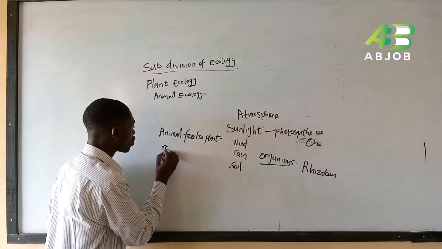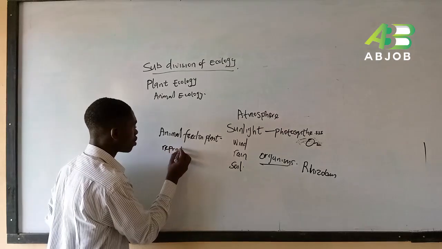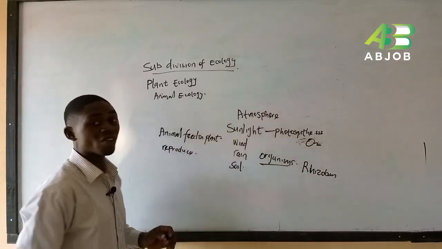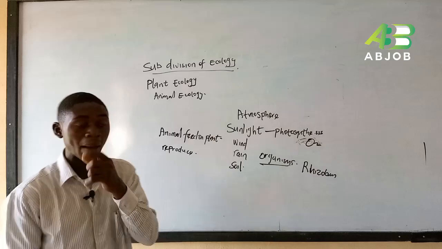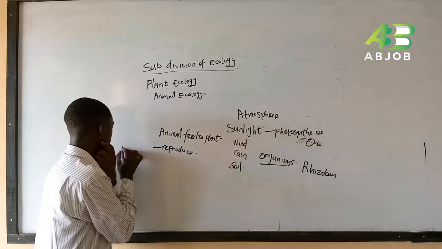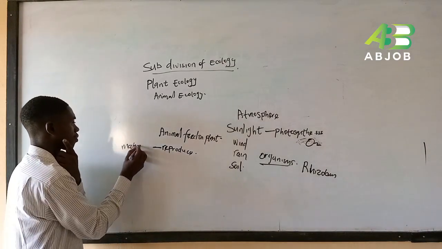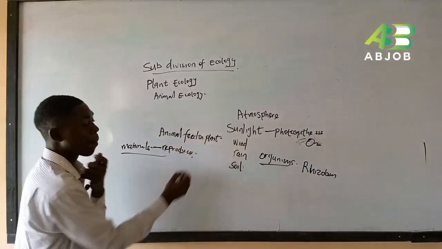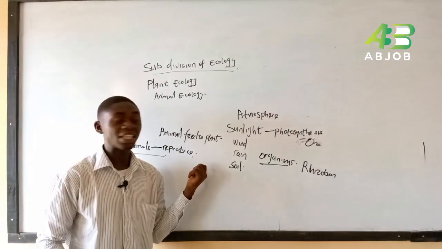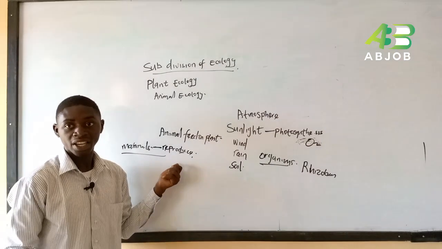Animals reproduce. Let us deal with mammals now. Mammals reproduce on soil. They don't reproduce in the atmosphere.